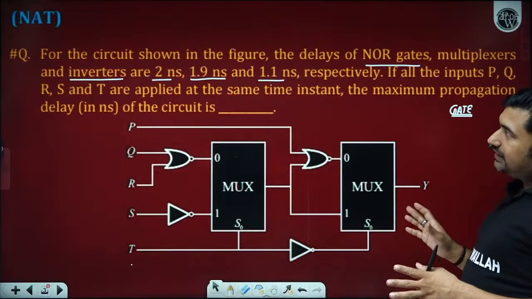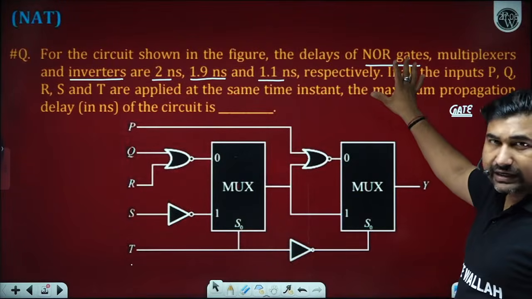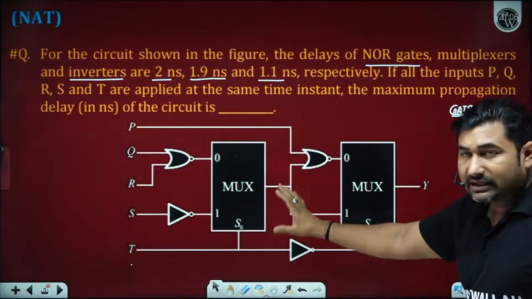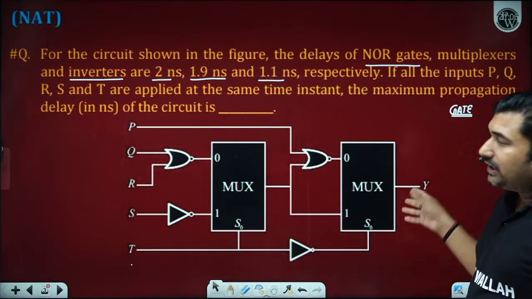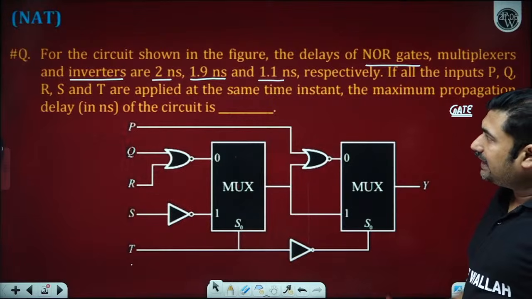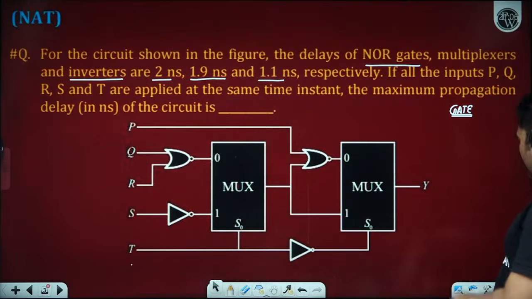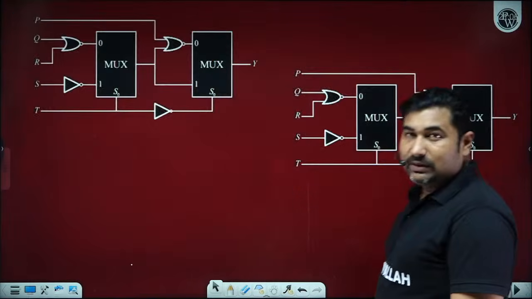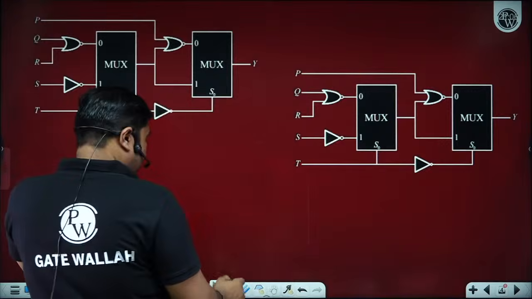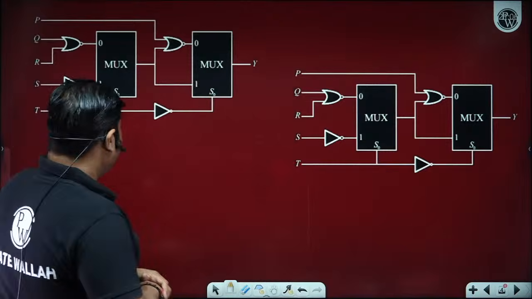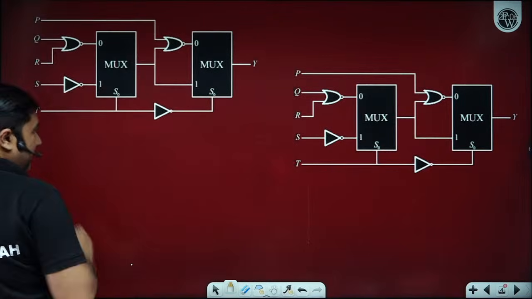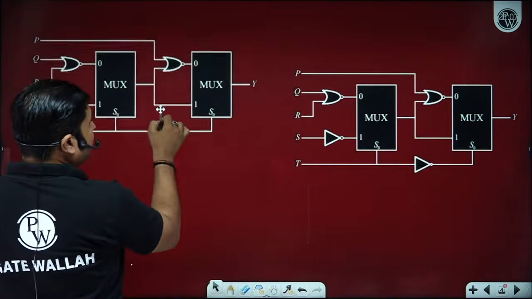For the circuit shown in the figure, the delays of the NOR gate, multiplexer and inverters are 2, 1.9 and 1.1 nanoseconds respectively. If all of P, Q, R, S, T are applied at the same instant, the maximum propagation delay in nanoseconds will be. So please observe here, what are the possibilities for the select line to operate? If you observe, we have two possibilities, so I am representing them in two different cases.